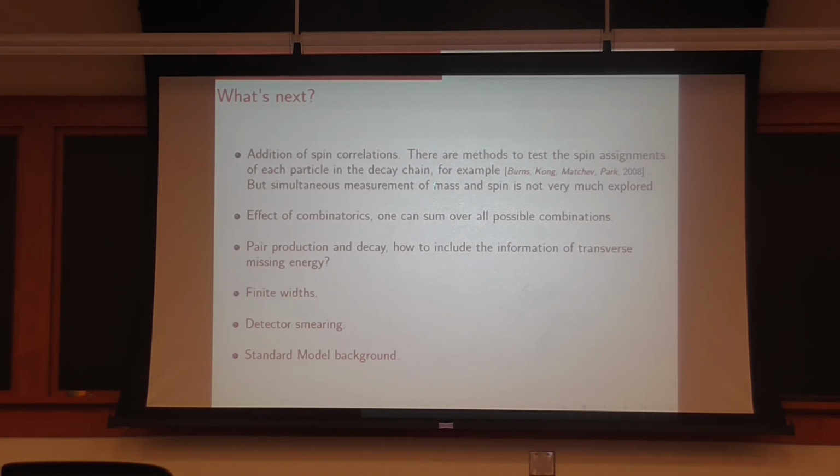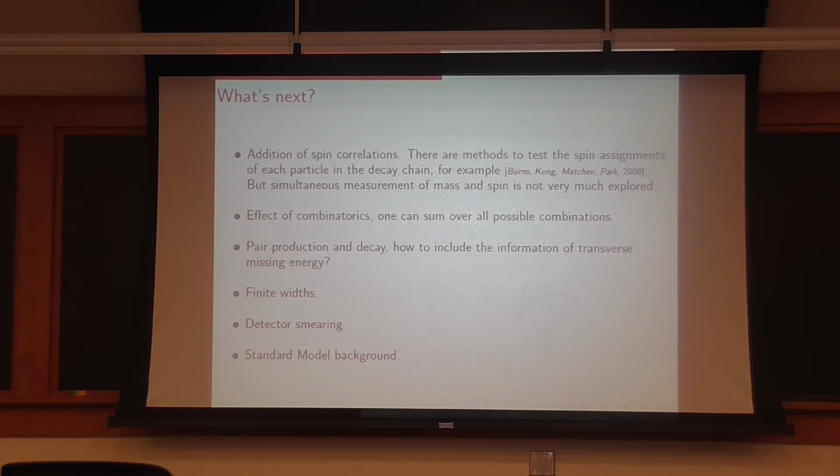This paper assumes the masses are known to measure the spin, for example. And for the effect of combinatorics, obviously if you have lots of particles, it's not easy to always get the correct combinatorics, but you can sum over all possible combinations and define your likelihood in that way.